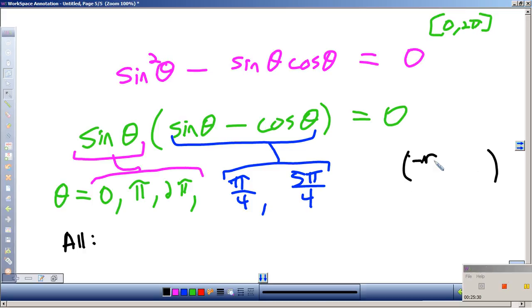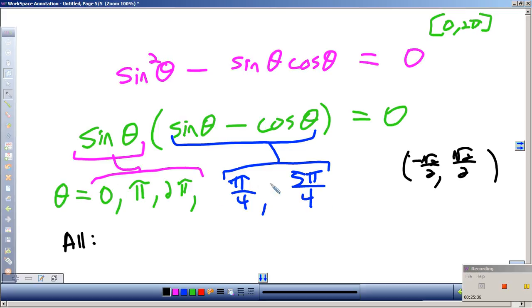You'd have negative root 2 over 2. And what is sine? Root 2 over 2. If I took root 2 over 2 minus negative root 2 over 2, do I get 0? No. Remember, we want this to be true, where sine minus cosine equals 0. If they're both positive, if I subtract them, then they're equal to 0, right? Or both negative.